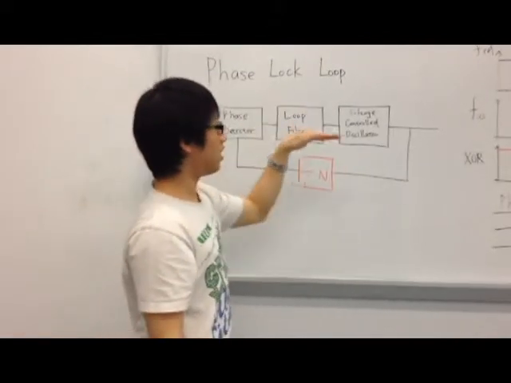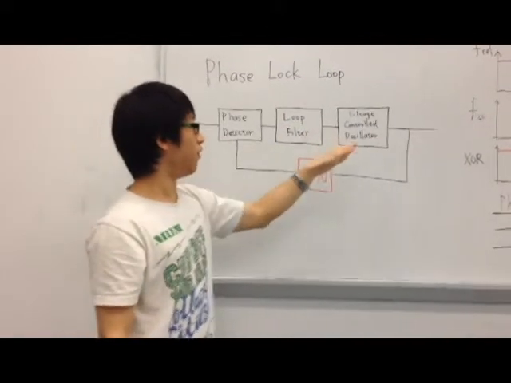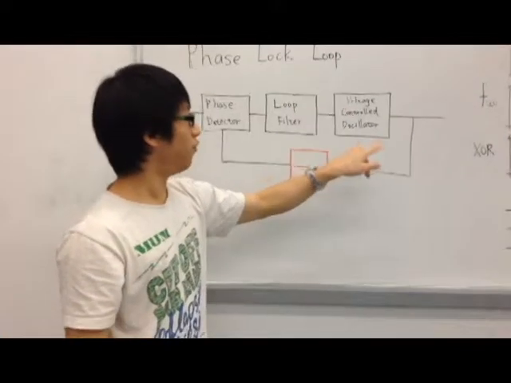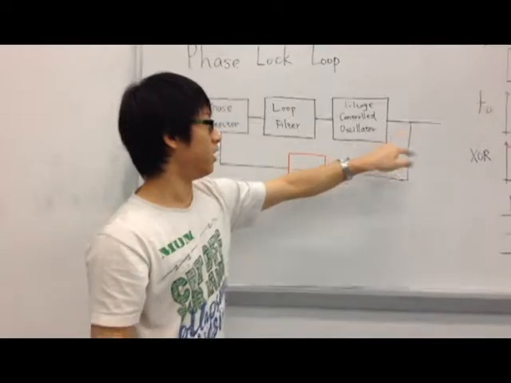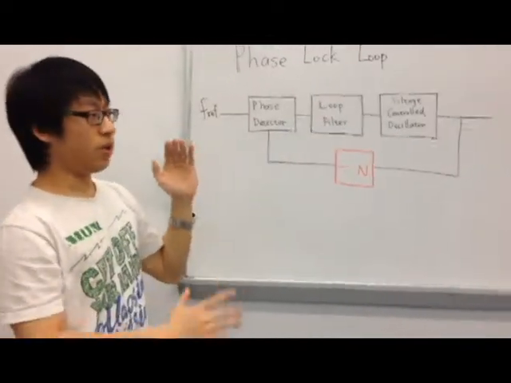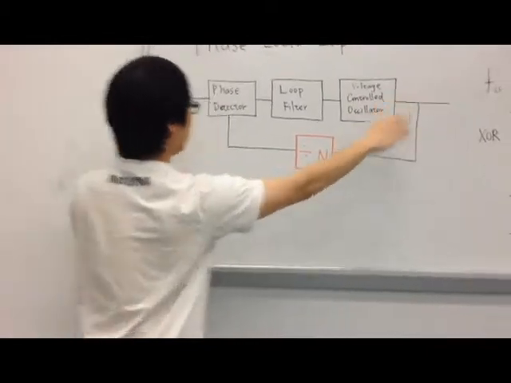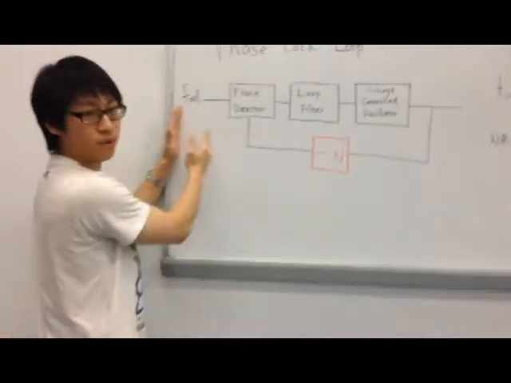Then you use that constant DC offset to drive the voltage-controlled oscillator. As the voltage varies, the frequency output of this oscillator also changes.